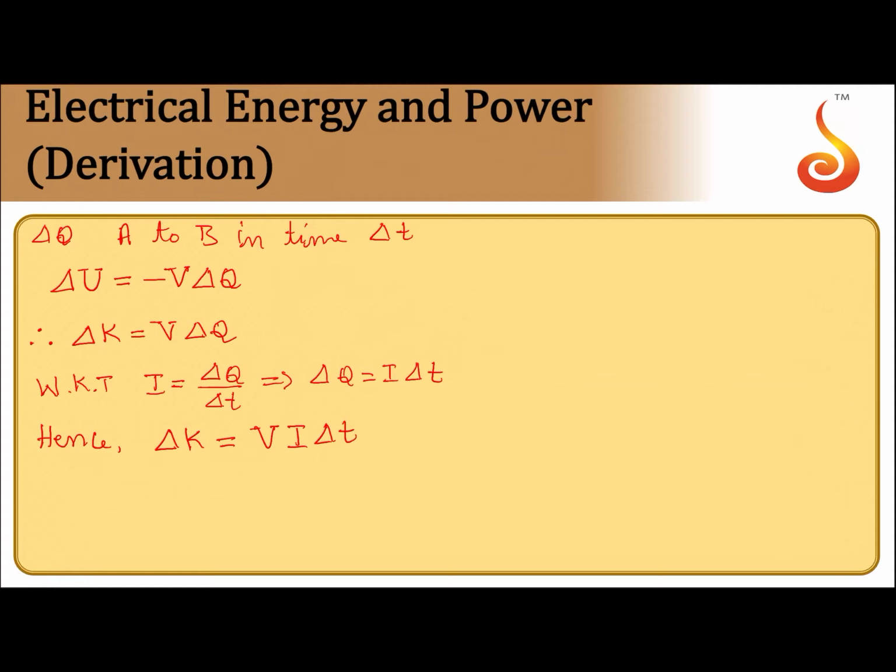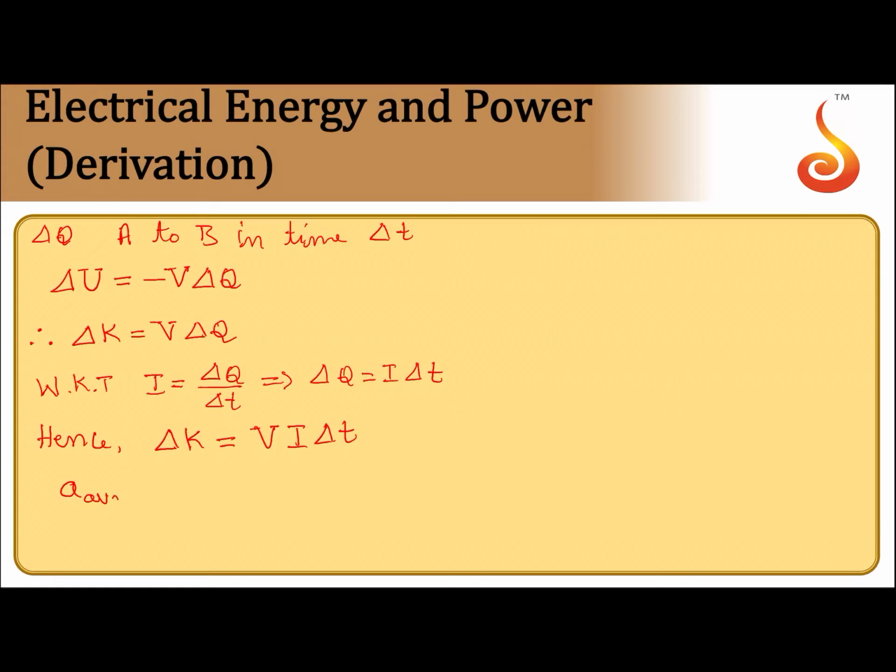Now if the charges moved from one end to the other without collision, the kinetic energy of the charge should increase. But if you consider the concept of drift speed, the average acceleration of free charges should be 0.